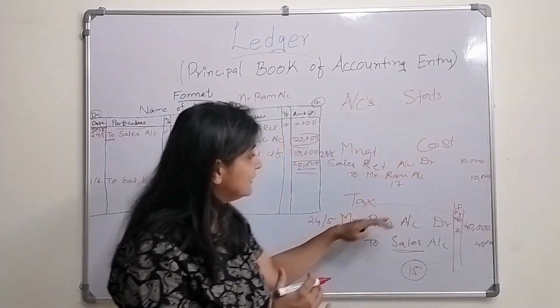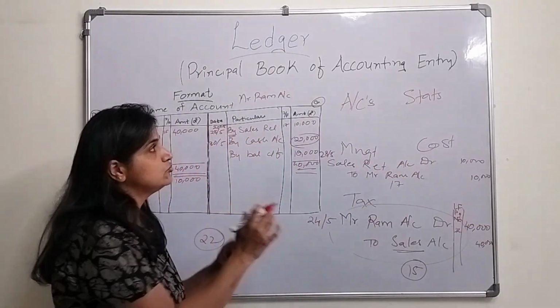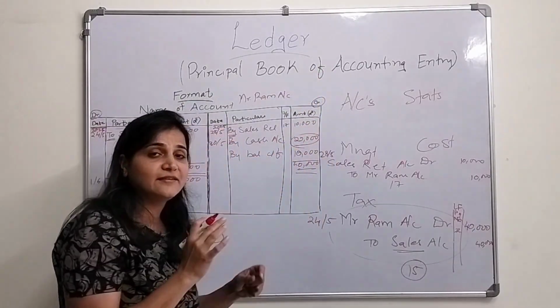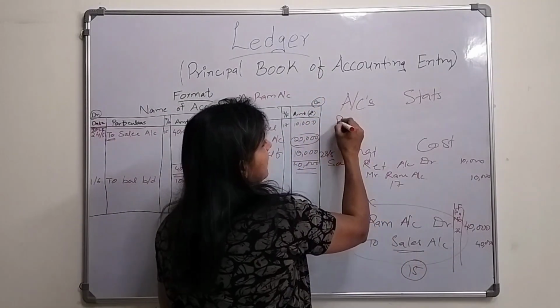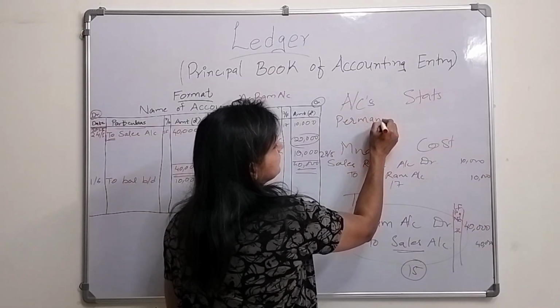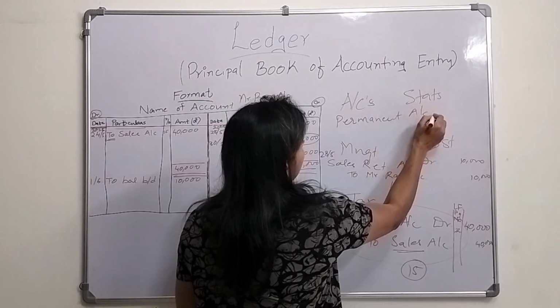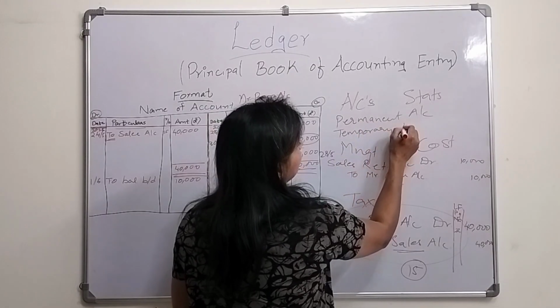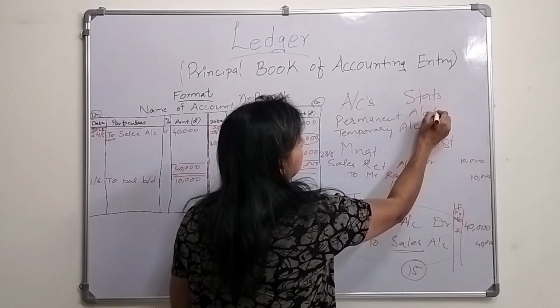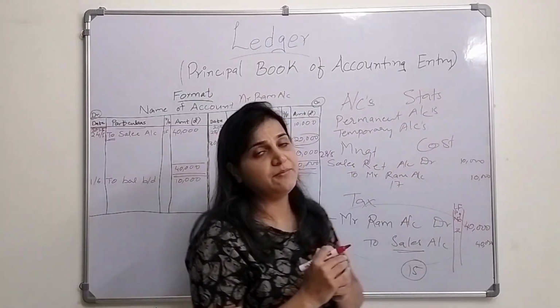Now there are two types of accounts when we talk about the ledger: permanent accounts and temporary accounts.